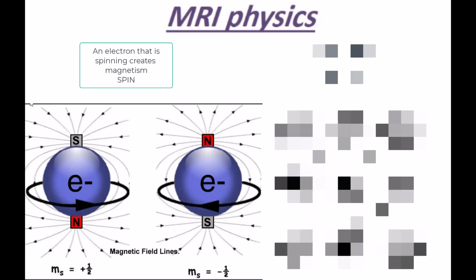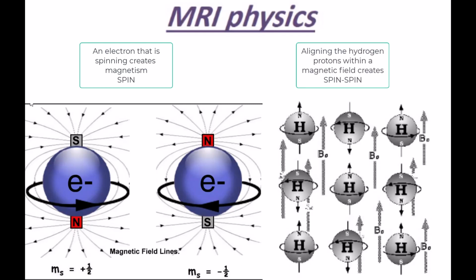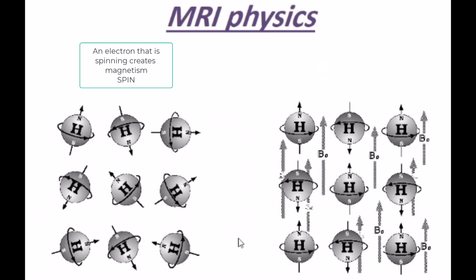An electron that is spinning creates magnetism. Aligning hydrogen protons within a magnetic field creates spin-spin. The proton is spinning and the electron is spinning, but they are spinning at orthogonal angles.